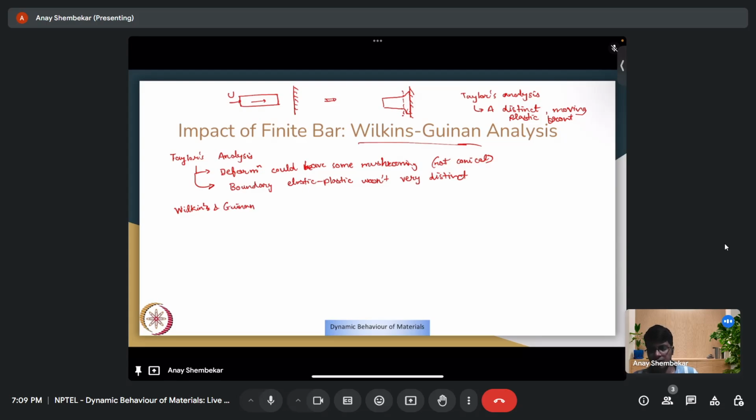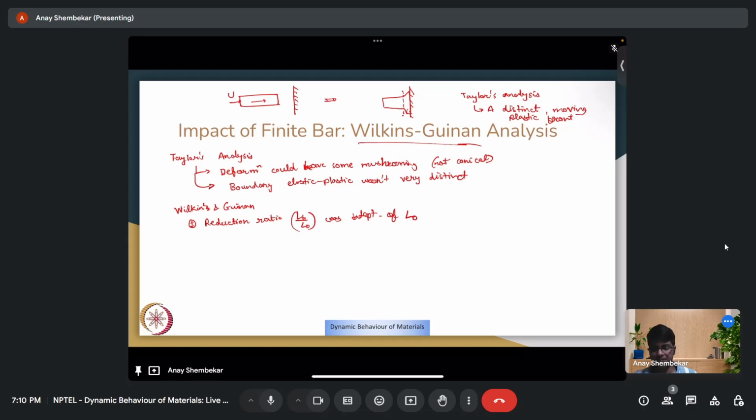They found that the first was that this reduction ratio, which is LF by L naught, was independent of the original length L naught.